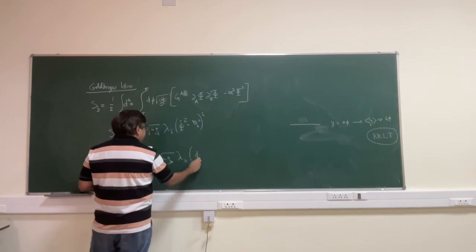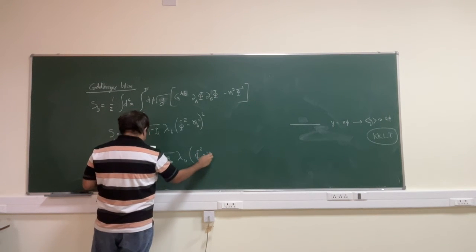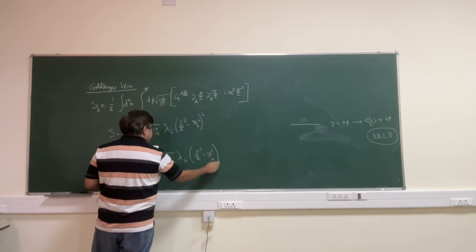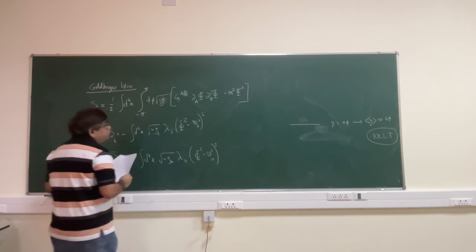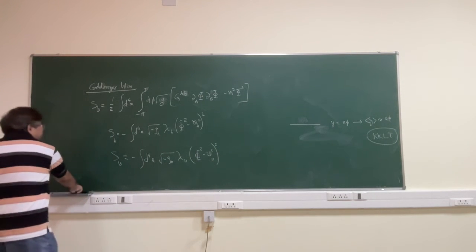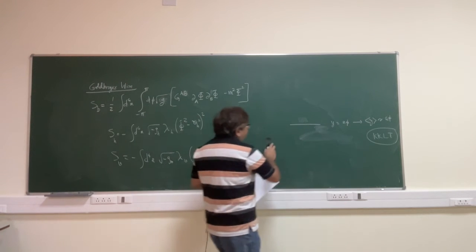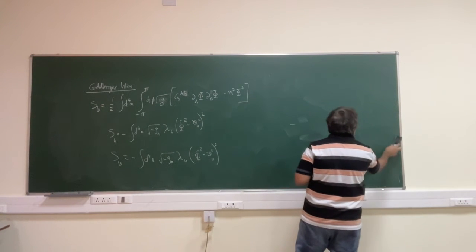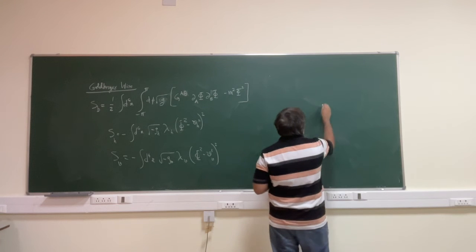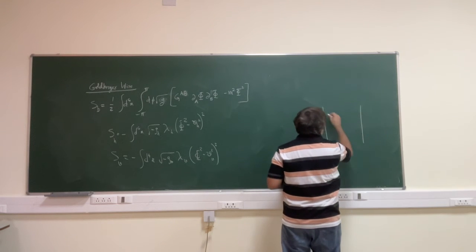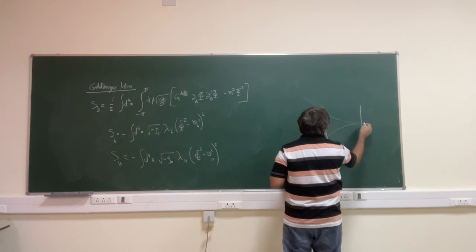So there are two lambdas. The setup essentially now is that you have your RS.